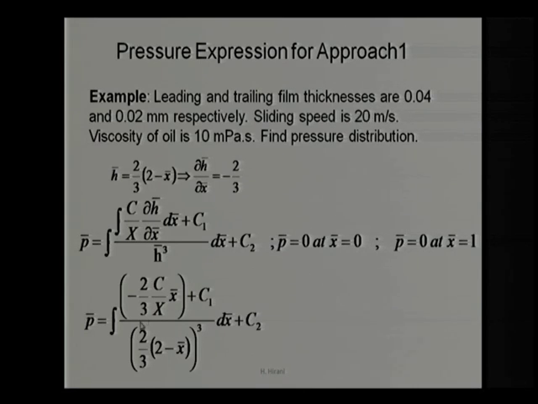When we take 2 by 3 common, naturally this will be multiplied with this constant, so 3 by 2, and we can change the symbol. Instead of integration constant C1, we will say the integration constant C3, because it will be multiplied with additional terms which are constant. So, constant into constant makes a constant. Instead of saying only the constant C1, we will say the C3 constant, but we will use only one term.